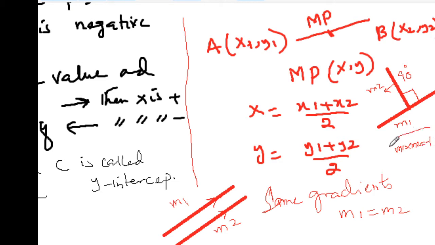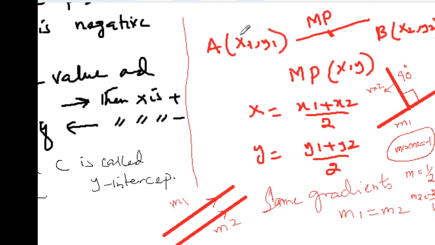That is the rule for two lines when they are perpendicular to each other: the product of their gradients will be minus 1. Like if m1 is 1 over 2, m2 will be minus 2 over 1.